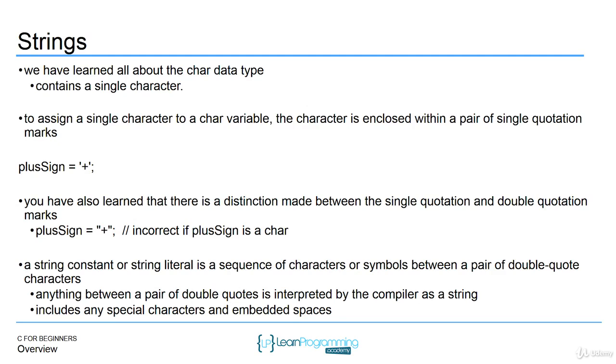So now double quotes are going to come into play. Anything between these double quotes is interpreted by the compiler as a string. It can be alphanumeric characters, it can be special characters, but they usually make up words. You can think of it as text. You can have spaces, but anything in double quotes is a string literal.